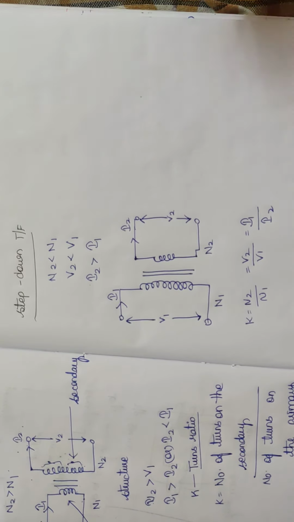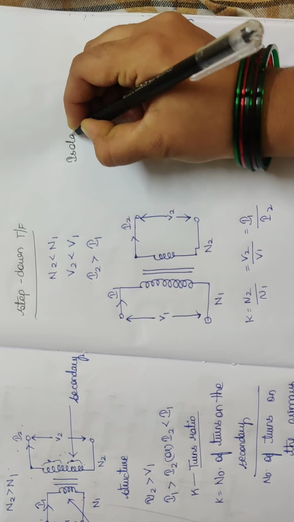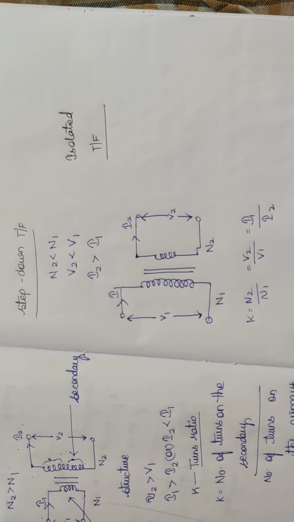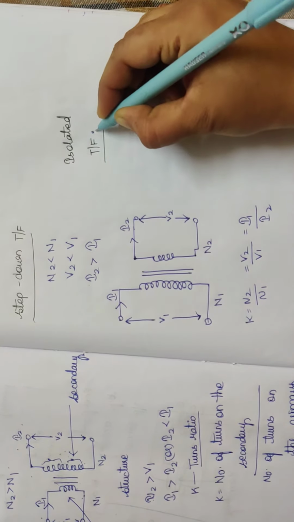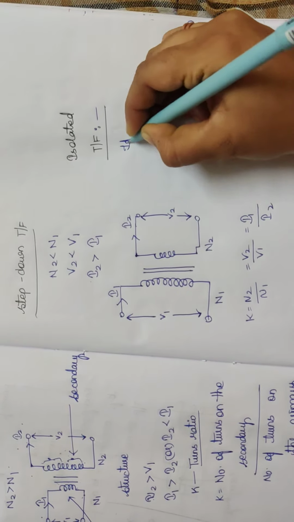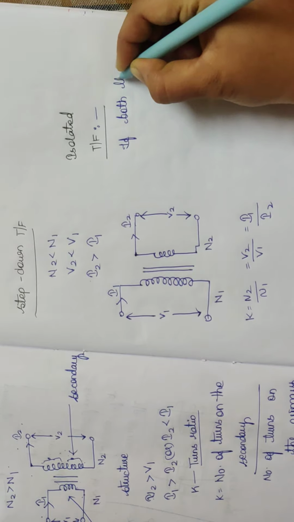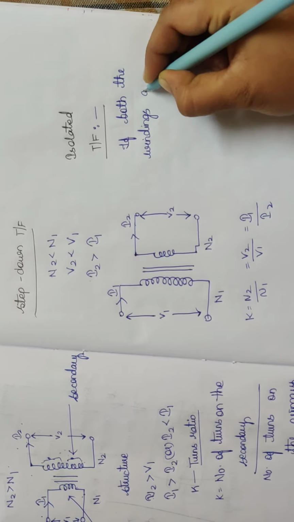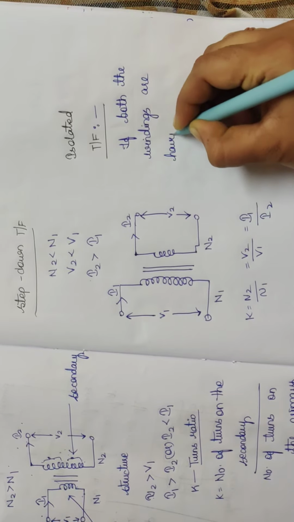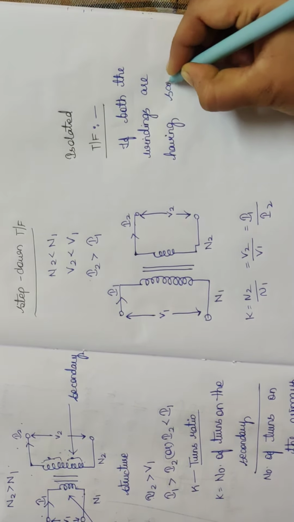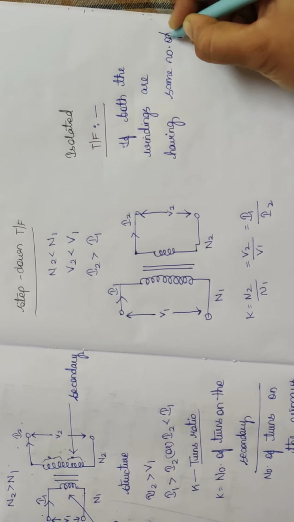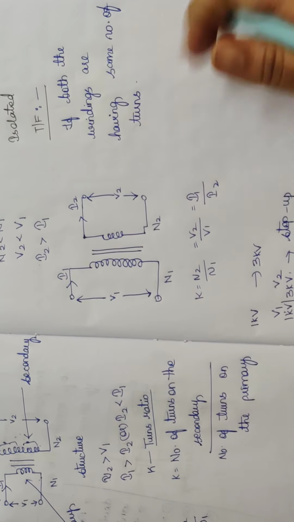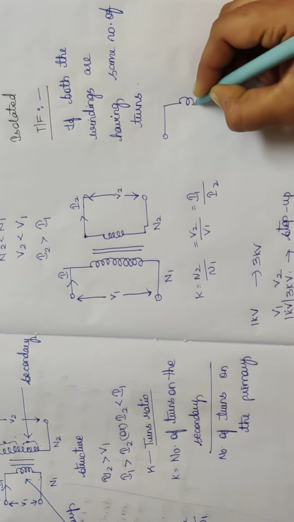Next, the other transformer is the isolated transformer. We define an isolated transformer as follows: if both the windings have the same number of turns, then it is called an isolated transformer.